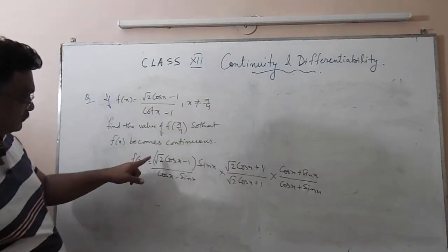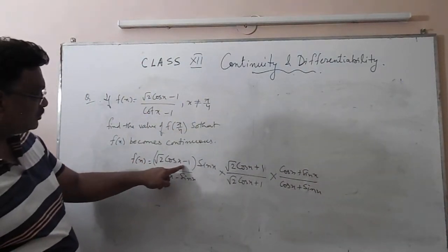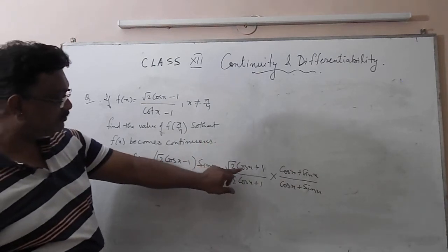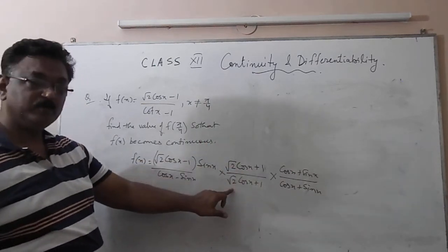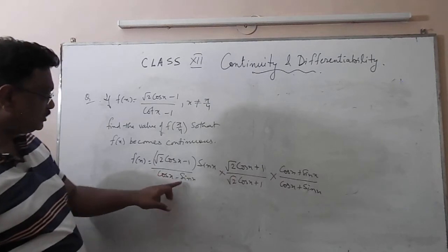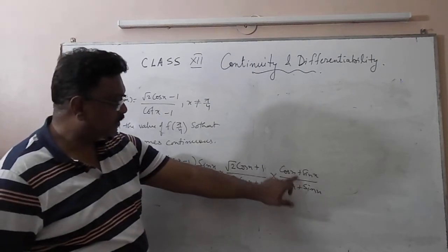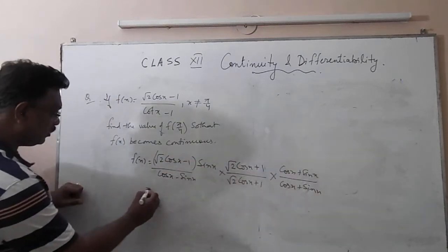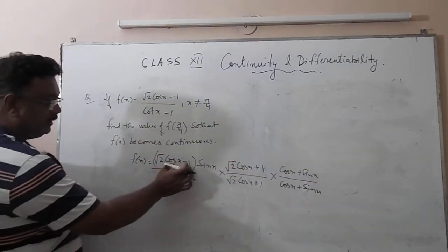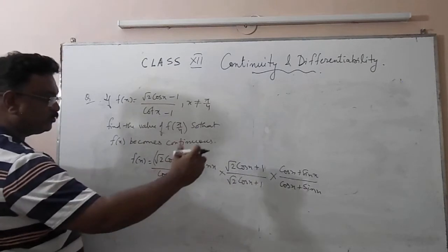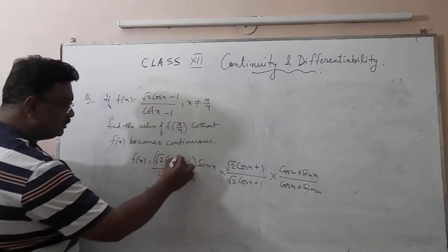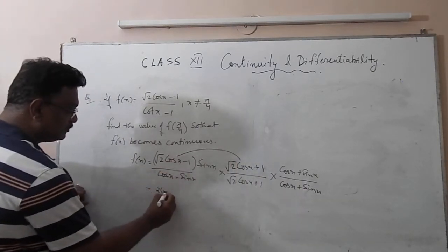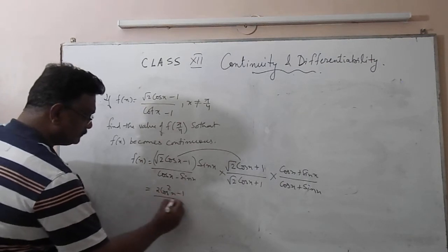See again, root 2 cos x minus 1 we have rationalized by multiplying with root 2 cos x plus 1 upon root 2 cos x plus 1. Cos x minus sin x by cos x plus sin x and cos x plus sin x. What happens with this? A minus b, a plus b will give you a square minus b square. So that these two will club together to get 2 cos square x minus 1.